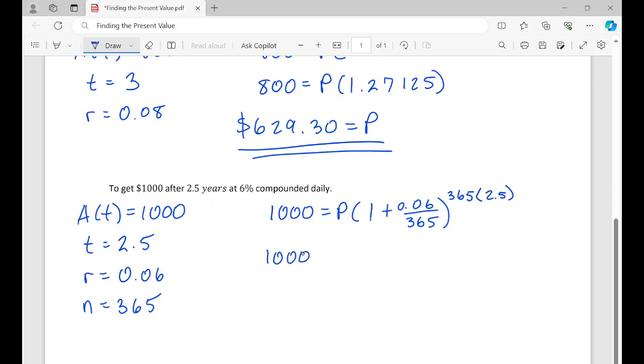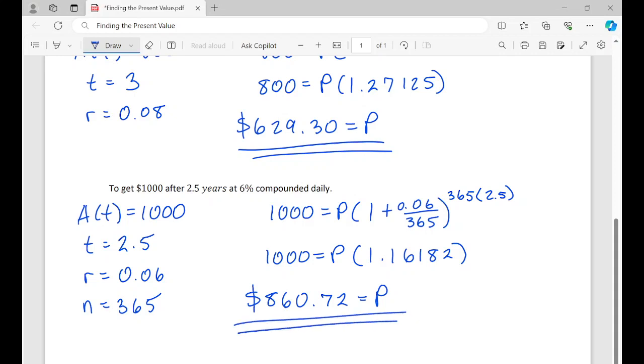So 1,000 equals P times 1.16182. And now I'm going to take everything in the parentheses and divide it over. So 1,000 over 1.16182. And I'm going to end up getting $860.72 as the present value I need to reach $1,000 after 2.5 years at 6% compounded daily.